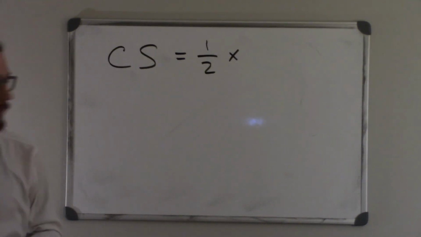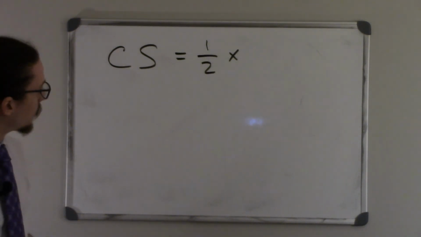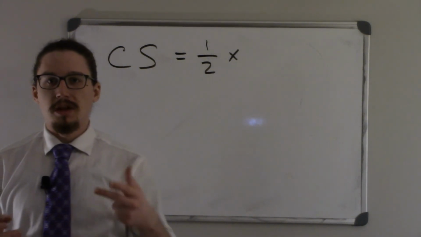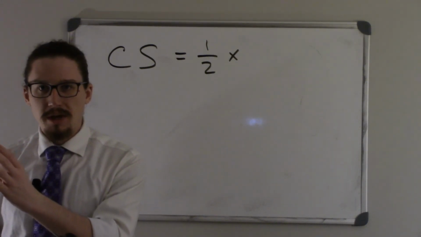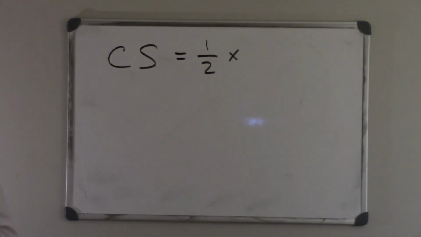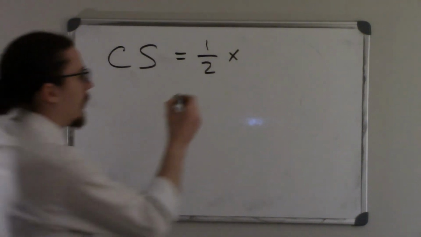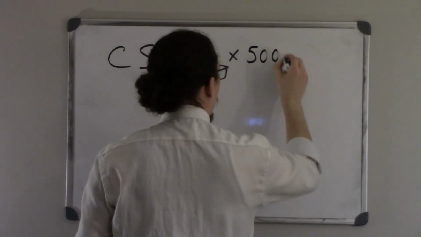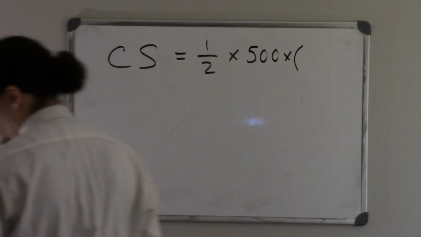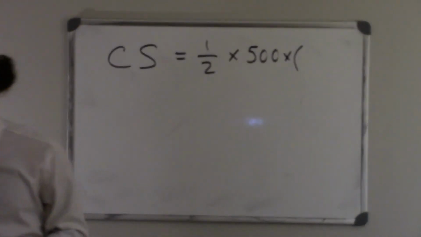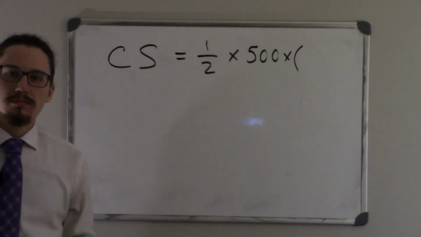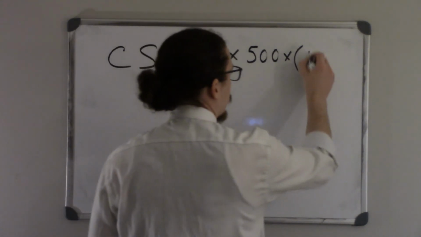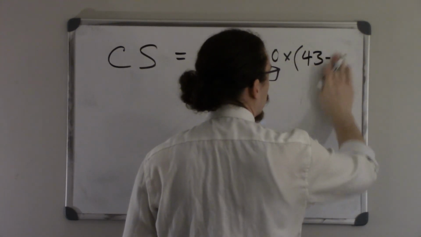Our base, and this is a little hard without the actual graph there, is just going from the origin to our equilibrium quantity. In this case, it's 50. Then the height of our triangle is the difference between where our demand curve intersects the price axis and our equilibrium price, so 43 minus 26.